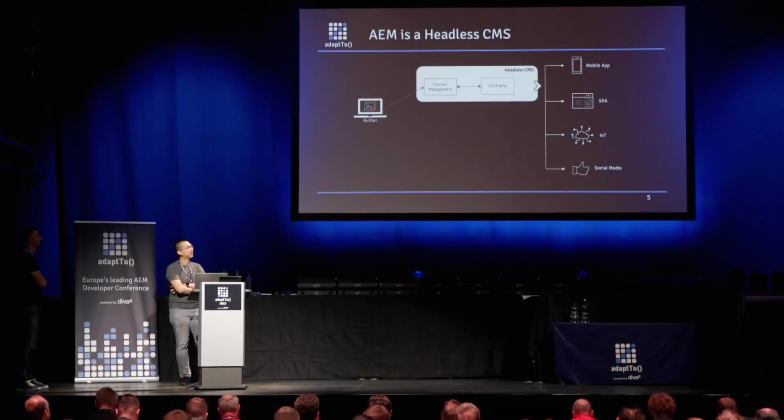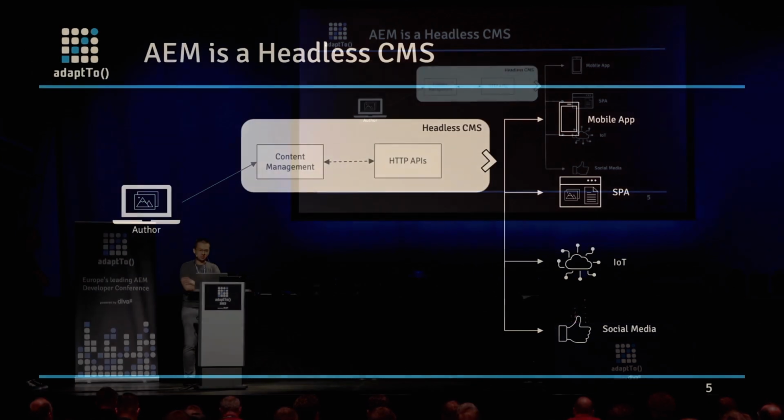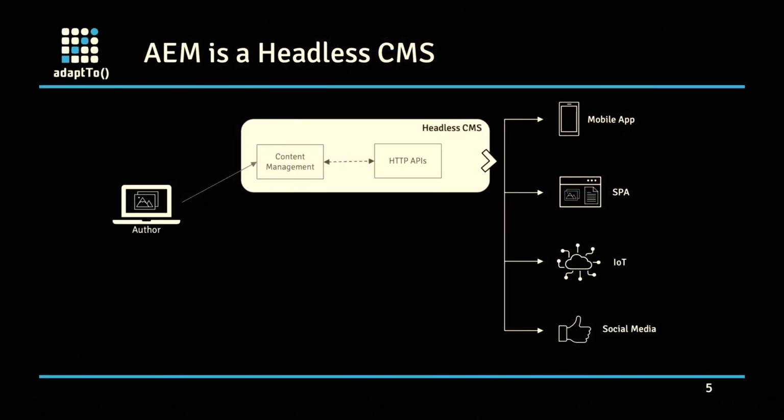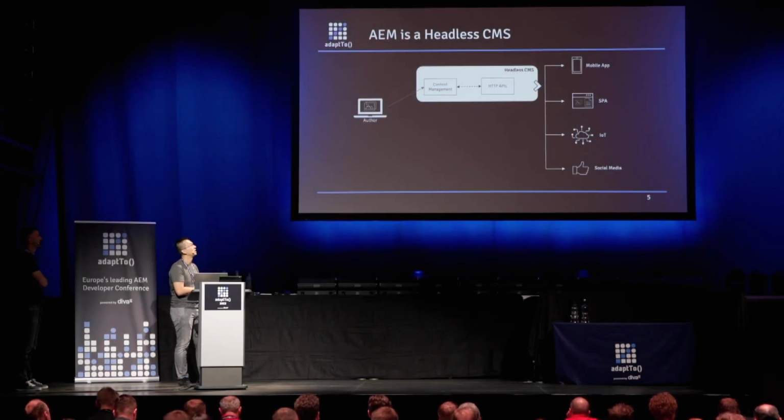This diagram demonstrates visually what I meant by the previously mentioned headless architecture. So you are probably familiar with the headless flow of AEM, in the sense that the content management happens inside of the CMS core.